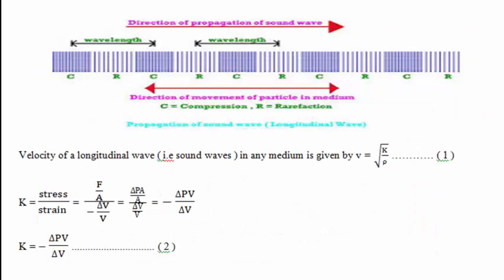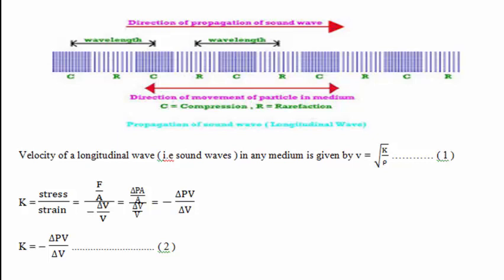So velocity of longitudinal wave in a medium is given by V is equal to root of K divided by rho, where K is the bulk modulus. In place of K, we write stress divided by strain. Stress is force acting per unit area, and strain is change in volume to the original volume, where the minus sign indicates a decrease in volume.